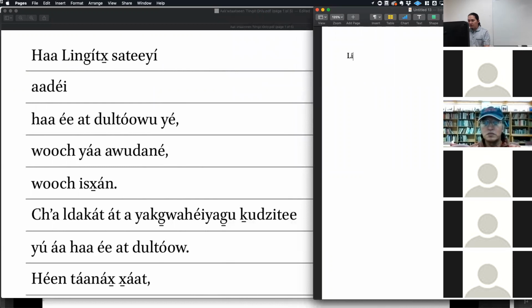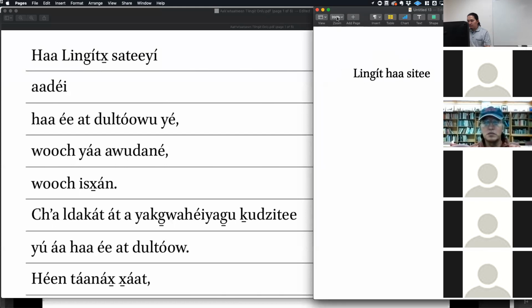So let's just say this one, Tlingit ha-city. Tlingit ha-city. So how would we translate that one?